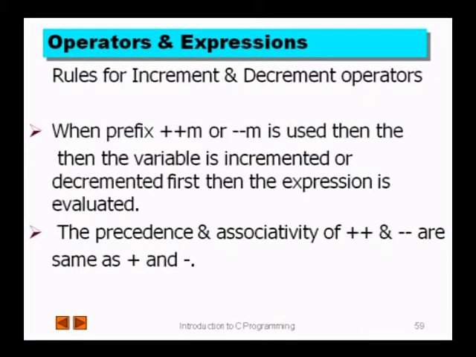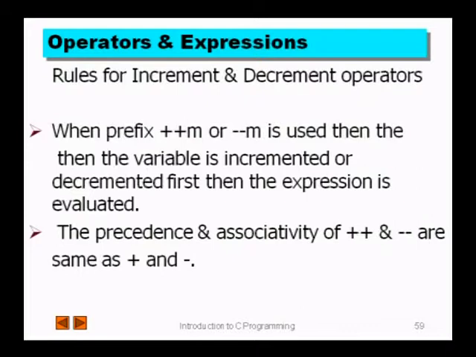So, the value of m becomes 11 for plus plus m, or the value of m becomes 9 for minus minus m. The new value is then used in the expression for evaluation. That is what plus plus m or minus minus m is going to do.